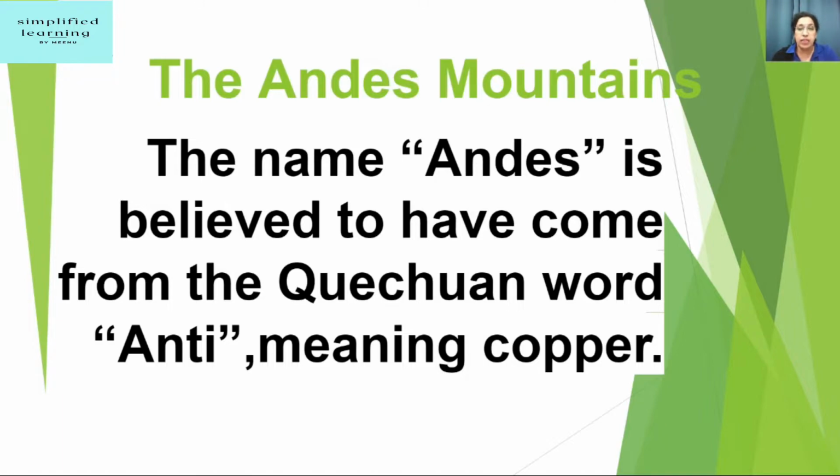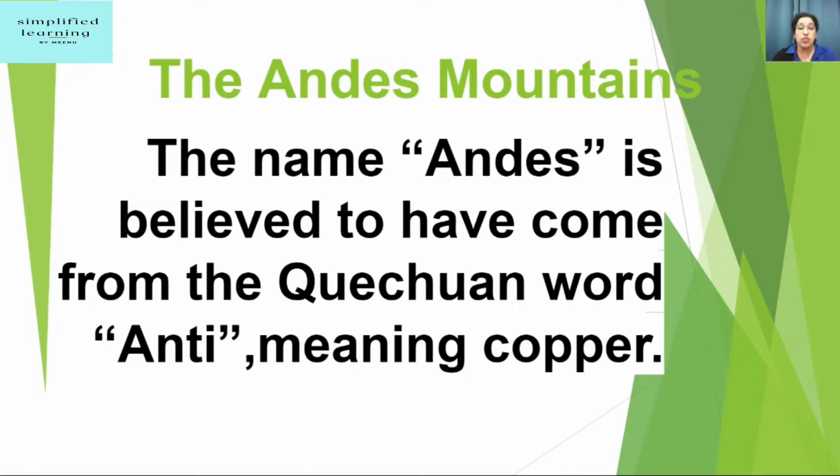The name Andes was probably given because a lot of copper is found here. Besides copper, other minerals such as gold, silver, tin, lead and platinum are also found here. In Spanish, this mountain range is called Cordillera de los Andes.